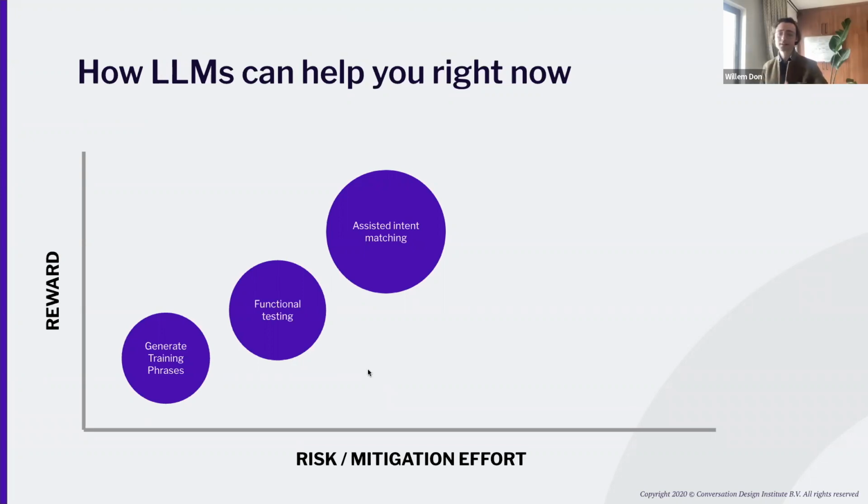So, assisted intent matching. What we mean by that is a multitude of ways to assist your traditional intent model. For instance, one of the things that I've heard is, when a customer asks something that is very long, very verbose, to ask the LLM to summarize it and then run it through your intent model.